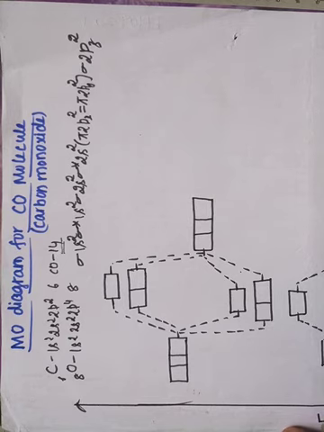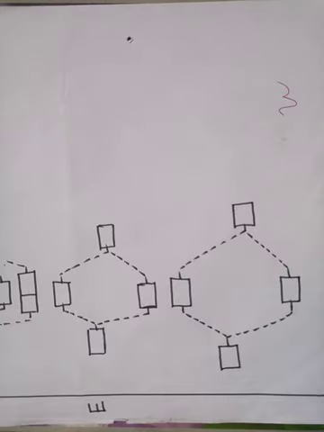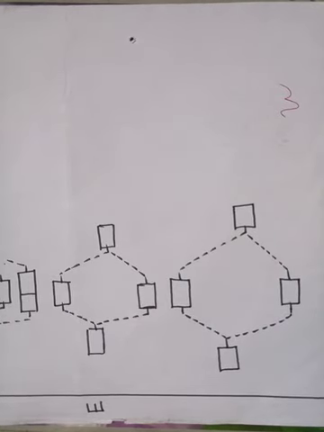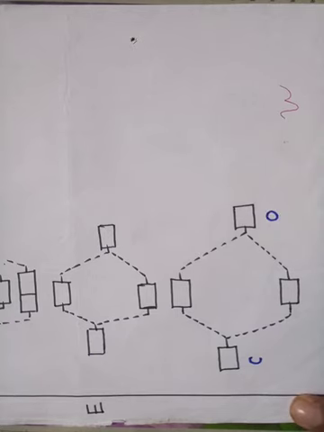So let us construct its molecular orbital diagram. This is the carbon atom and this is the atomic orbital of the oxygen atom. Because of the higher electronegativity of the oxygen, the energy of the atomic orbitals of oxygen is lower than that of carbon.